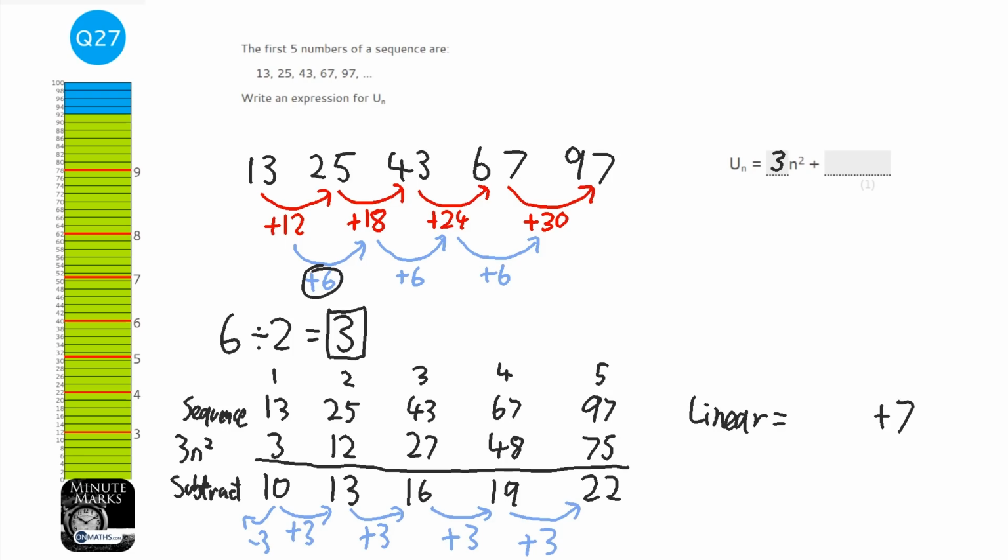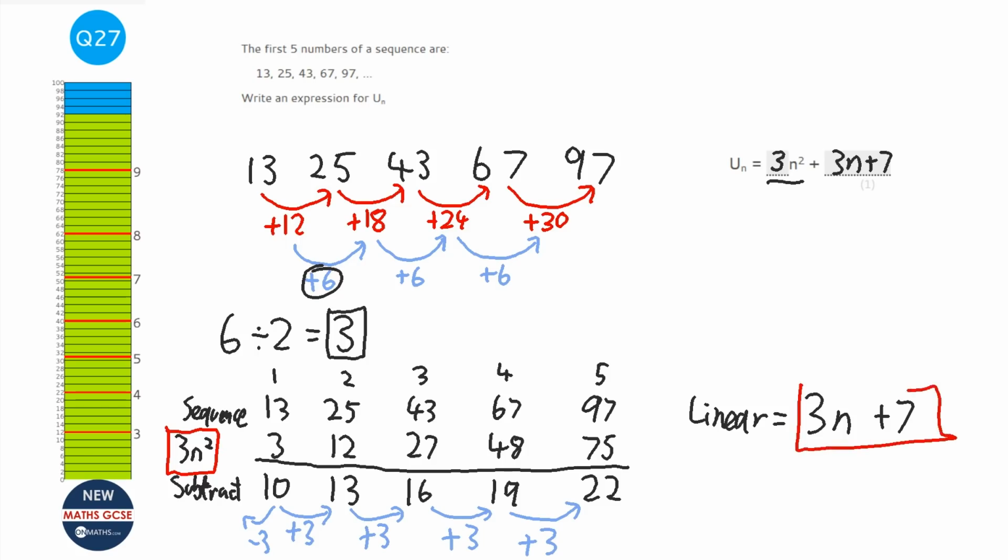And we know it goes up in 3, so it's going to be 3n plus 7. So we've got our 3n squared already, and we just need to add 3n plus 7. So the first thing you need to do is find out what the quadratic sequence is, the quadratic bit of it, the squared bit. Then you've got to find out what the linear bit of it is, and then just add them together.